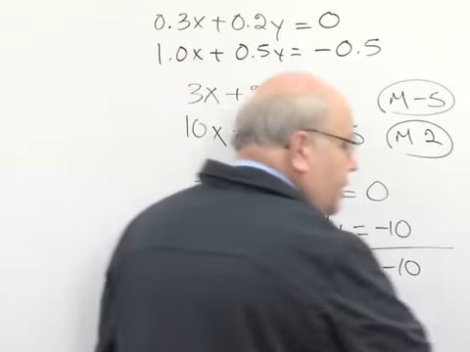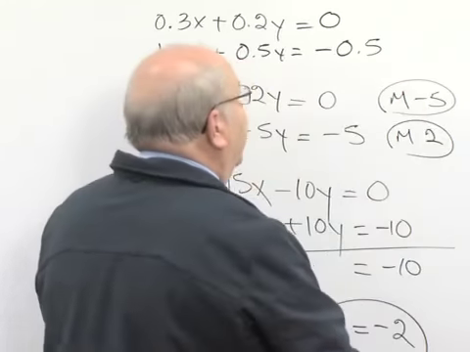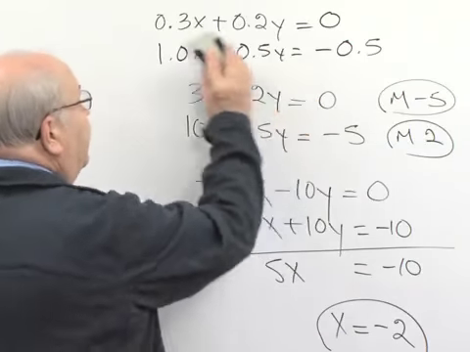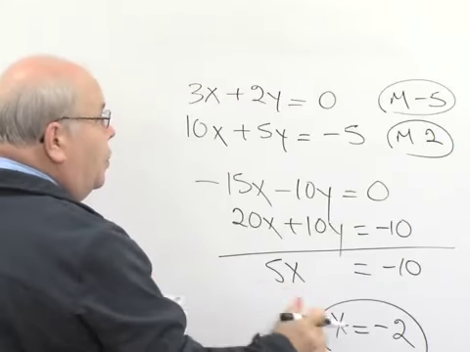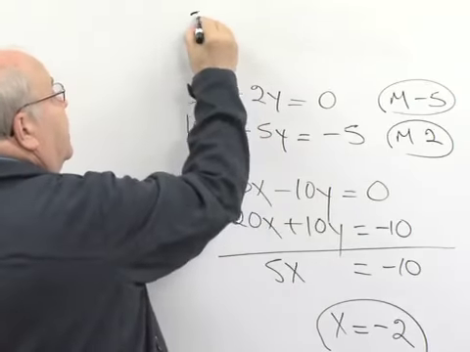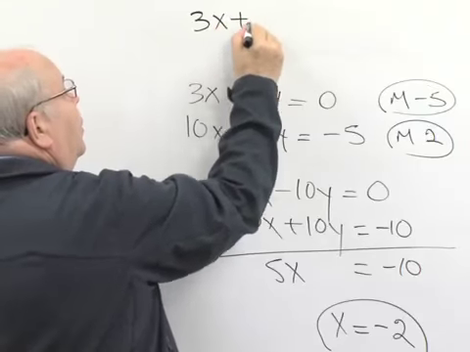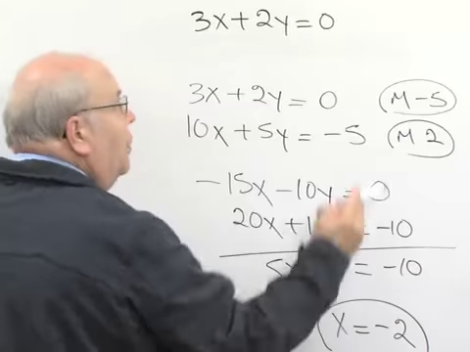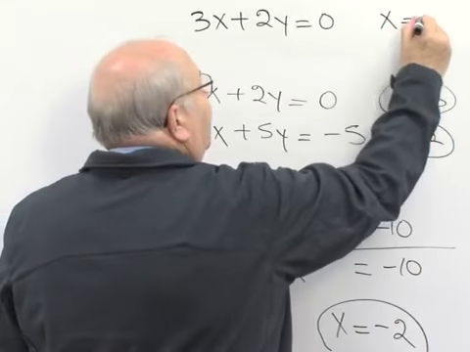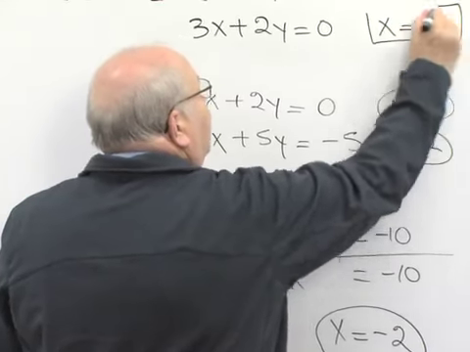We'll need to erase and do just a little bit of work to simplify the situation and find the second variable. This equation here seems to be the easiest, so I'm going to copy it over here. 3x plus 2y equals 0, and the value we're using is x equals negative 2.